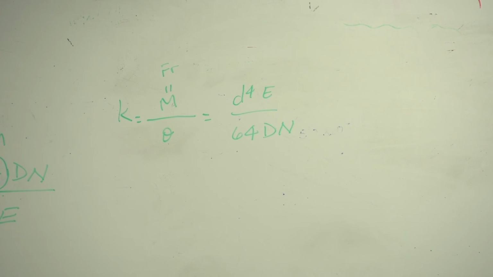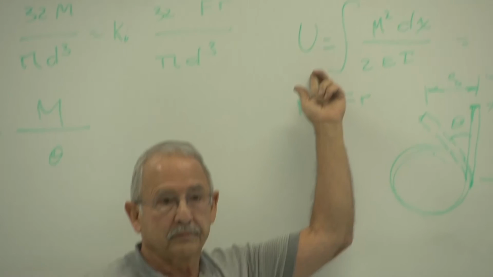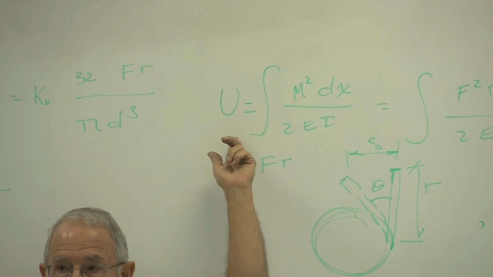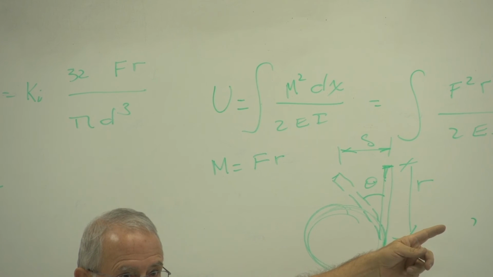Now, this is theoretical. In actual practice, since these coils are touching one another, as you just saw, they rub against one another, and therefore some friction is produced here. That reduces the internal energy, and therefore it affects the spring constant.